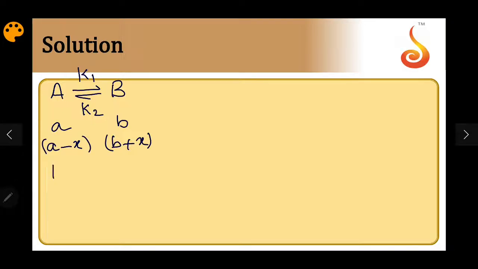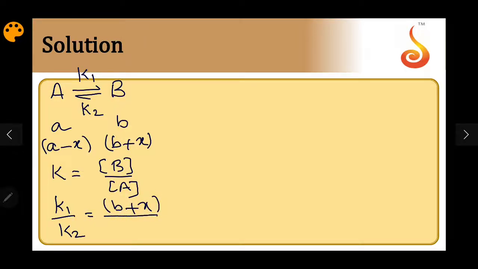So the equilibrium constant K is equal to concentration of B by concentration of A. Equilibrium constant K is also equal to small k1 by k2, which is equal to b plus x divided by a minus x. Now if I cross multiply, it's going to be K1 into (a minus x) is equal to K2 into (b plus x).